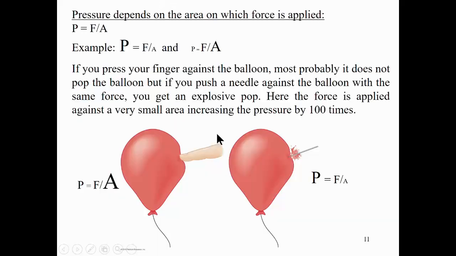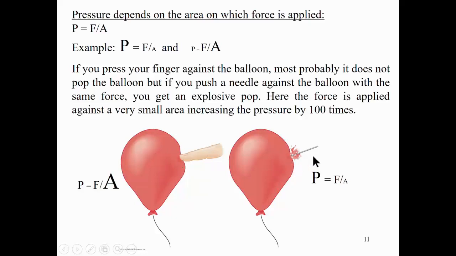So here are some examples of pressure. Pressure depends on the area on which the force is applied. Pressure doesn't just depend on the force; it also depends on the area. If you press your finger against a balloon, most probably it doesn't pop, right? But if you apply exactly the same force with a needle, you get an explosive pop. What's the reason?